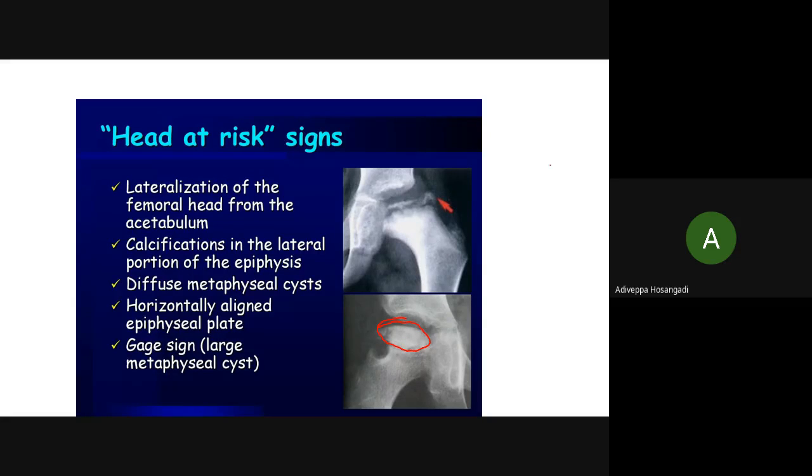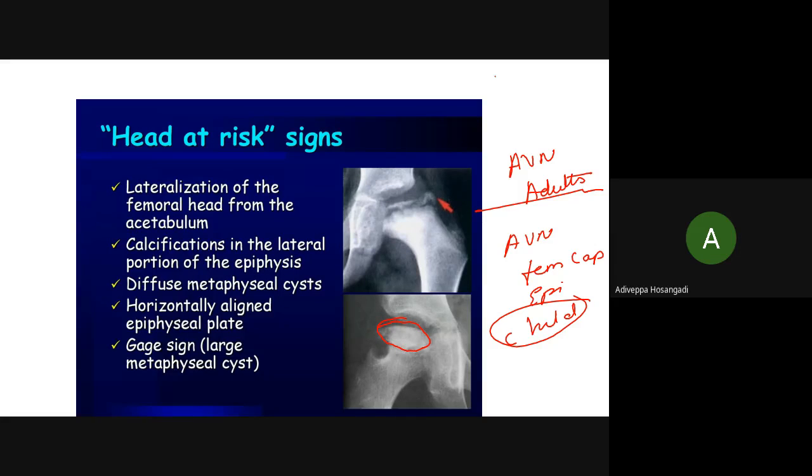There is a difference between avascular necrosis of the femoral head in adults. Please remember this, this is totally different. Here, this is avascular necrosis of the femoral capital epiphysis, meaning in children.